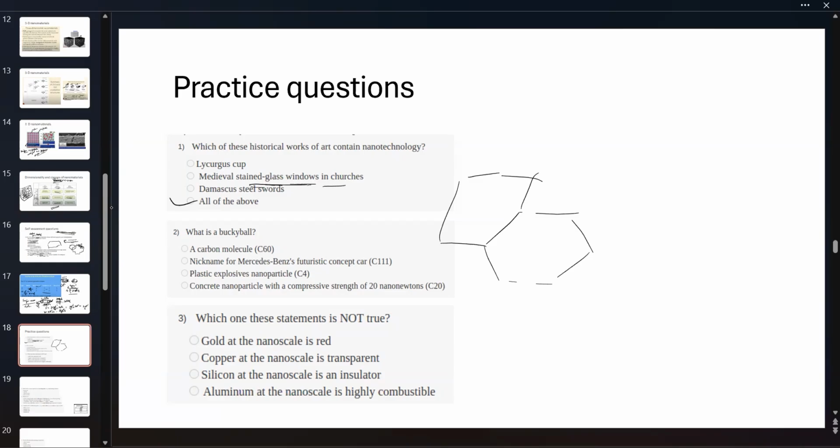So the typical one is C60. The buckyball is referred to just as C60. You don't do it for the larger ones, C70, C80.